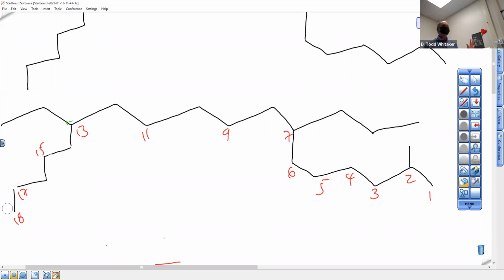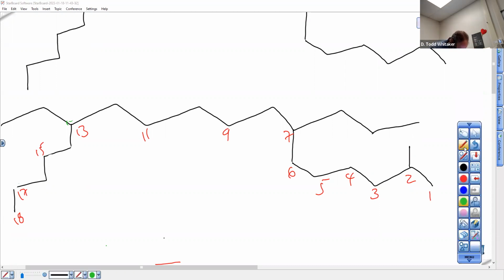I'm going to highlight the carbons in the groups, if my computer lets me highlight it. This whole thing is a group. It starts there. I didn't highlight the bond because the bond goes to 7, which is not a part of the group, the chain.